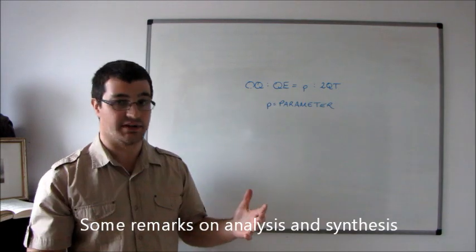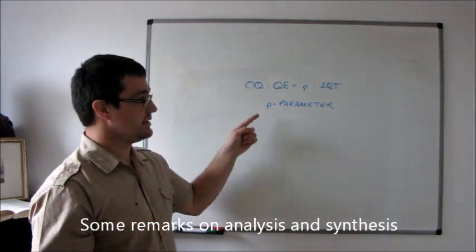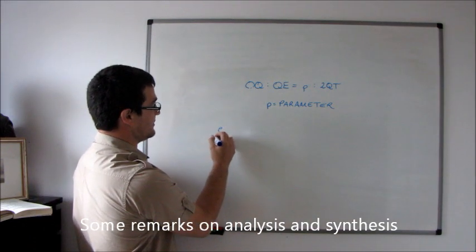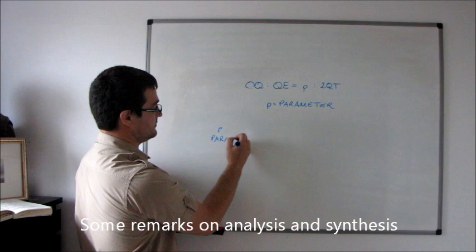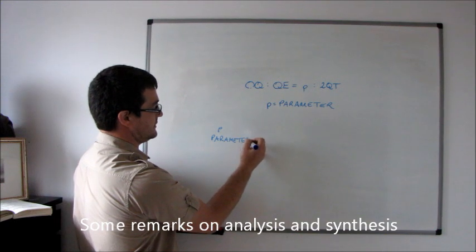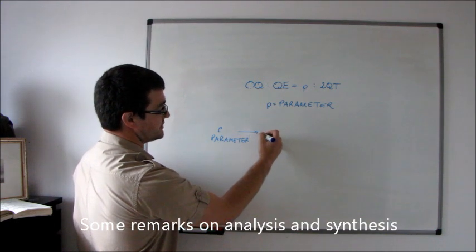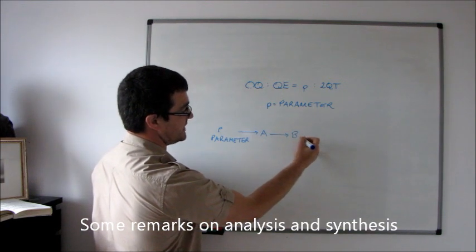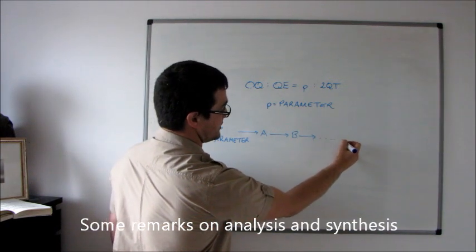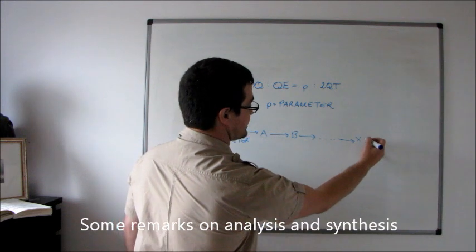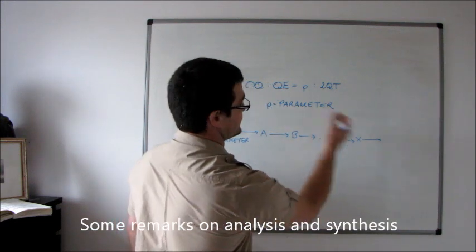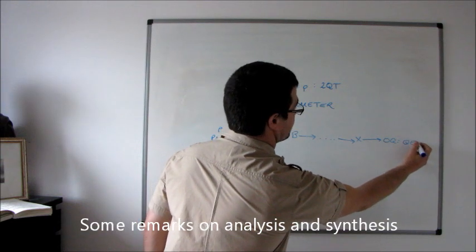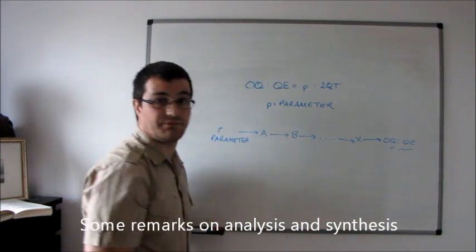So what might have happened is that Apollonius started with this, so P is the parameter, and he makes a logical deduction from this to get A, and then he makes another logical deduction, B, and this goes on, and he gets to X, and then finally we get to this: OQ to QE is equal to whatever.